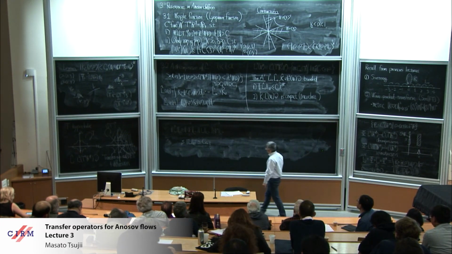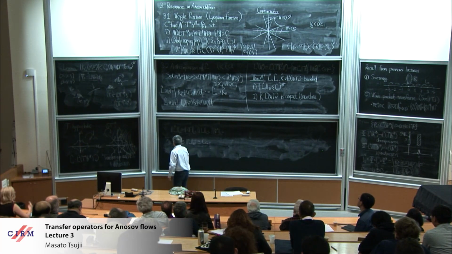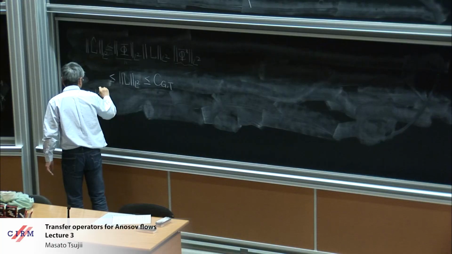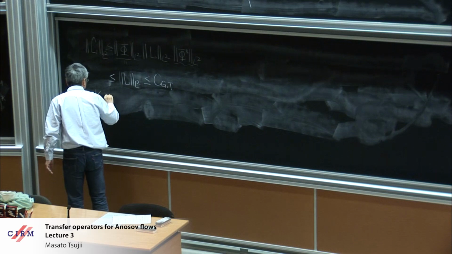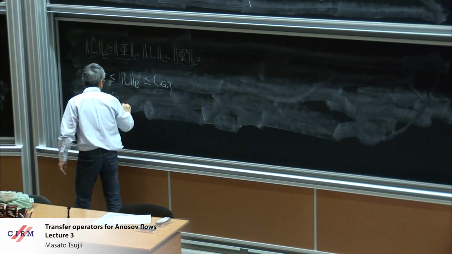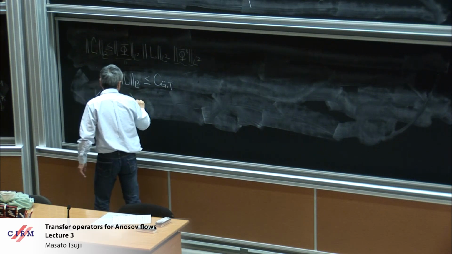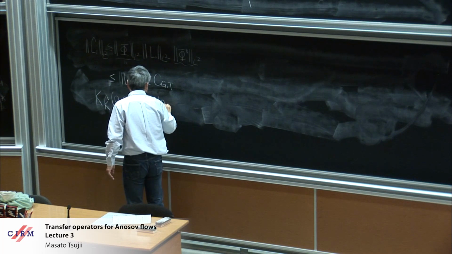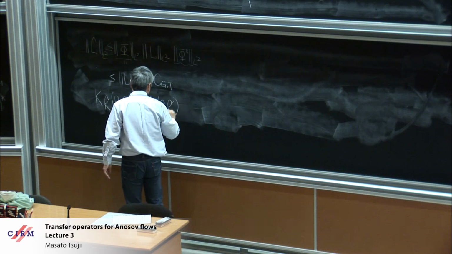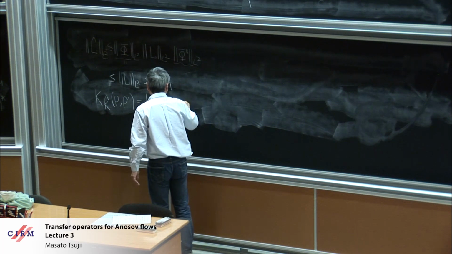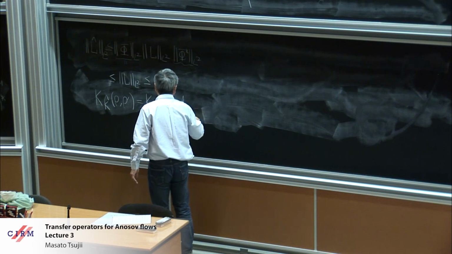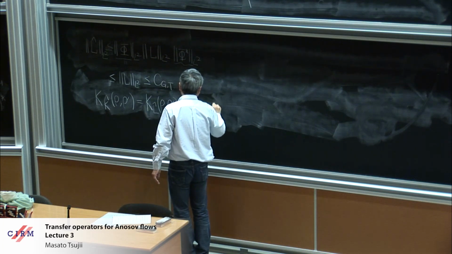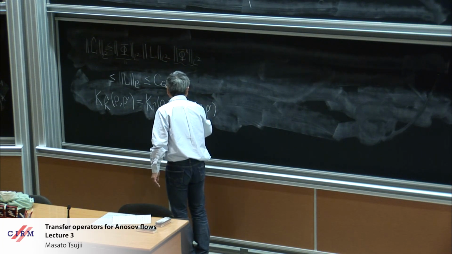This is one thing. The other thing is the kernel K. K hat, rho dash, is basically equal to L rho dash, and 1 lambda rho dash, and the complement.